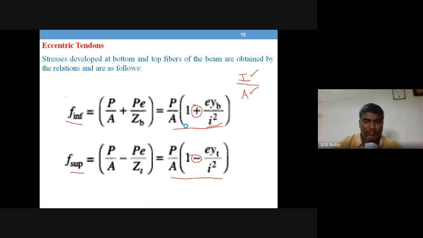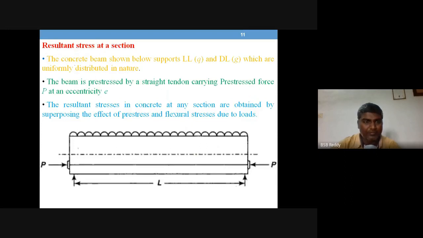Okay, going for the next case. When the pre-stressing stage is over, the beam has been induced with pre-stress, and then it is transported to the site of construction and placed in position.